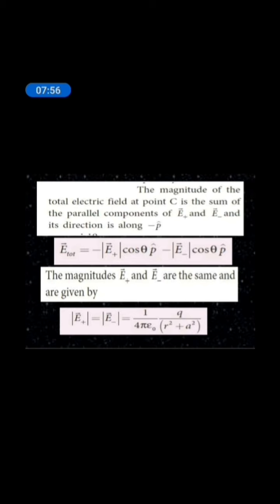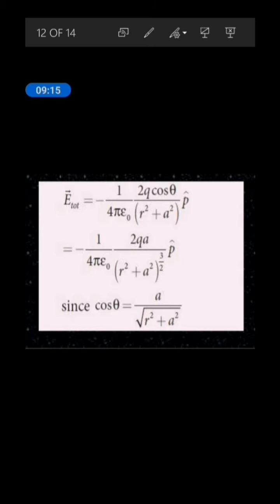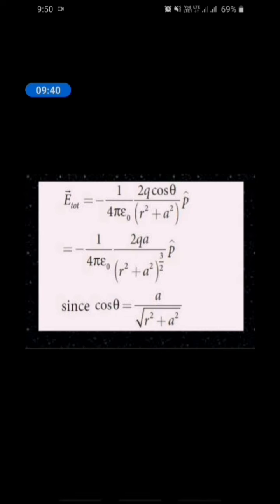The magnitudes E plus and E minus are the same, and the magnitude is given by modulus E plus is equal to modulus E minus is equal to 1 upon 4 pi epsilon naught q upon (r square plus a square), so E total is equal to minus 1 upon 4 pi epsilon naught 2q cos theta upon (r square plus a square) p cap. Here cos theta is equal to a upon under root (r square plus a square).